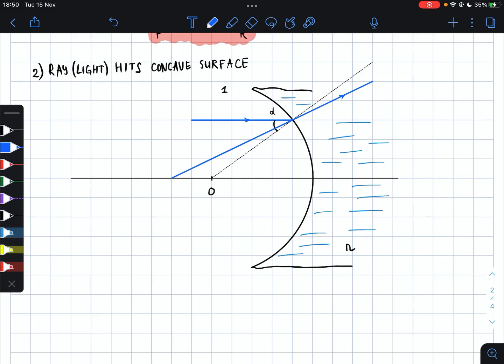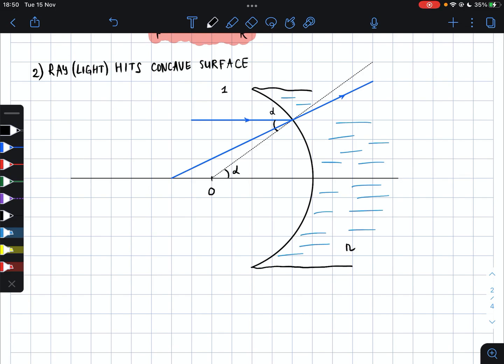So if this angle is alpha, this angle will also be alpha, because we have two parallel lines and our normal to the surface is crossing these two lines.